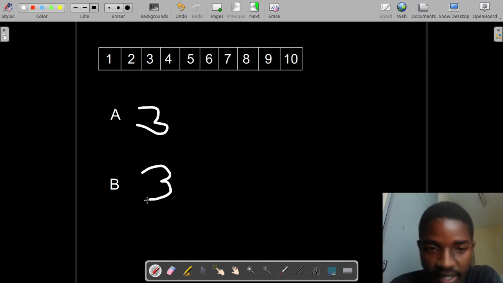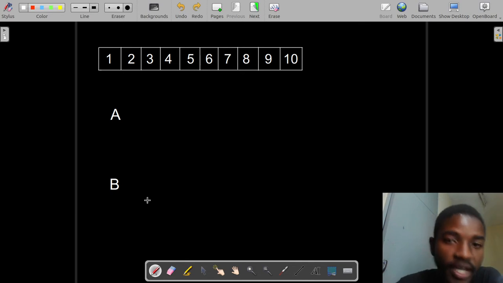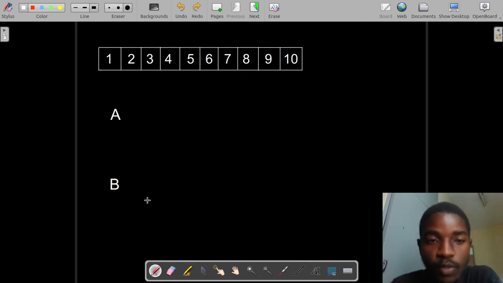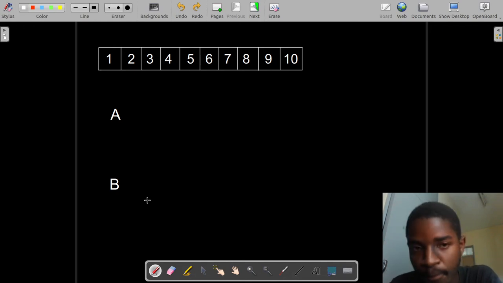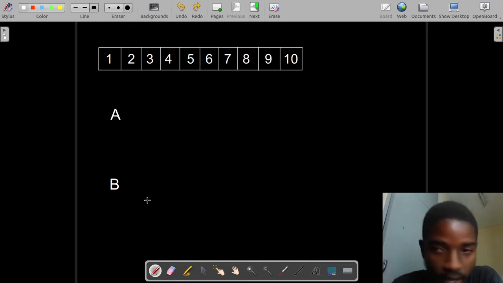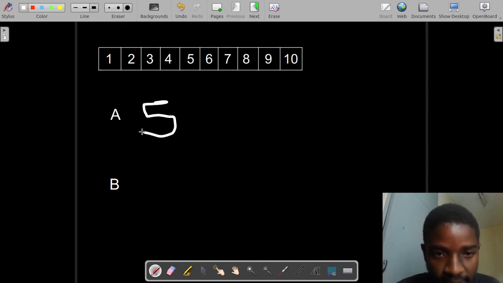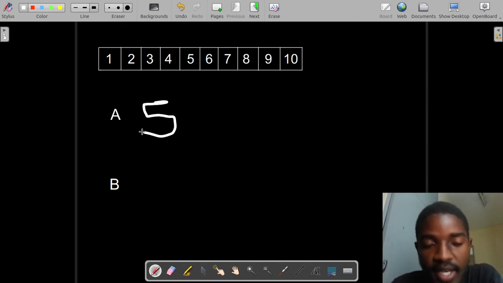Let's play another game and see how these two perform. Here we have a list which is 1 up to 100, and the target is 5. Player A uses linear search. We search the first element, the second, the third, the fourth, and the fifth, which means player A took 5 tries. Let's go on to player B, which is using binary search.